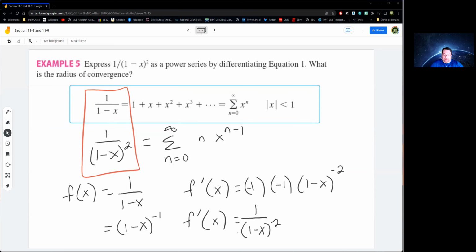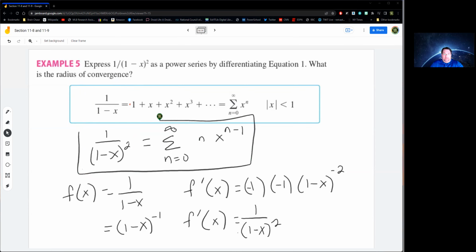So what that gives me is that function meets up with that power series. And my radius stays the same. So in this case, my interval is still the same. So the absolute value of x is less than 1, and my interval will be -1 to 1.